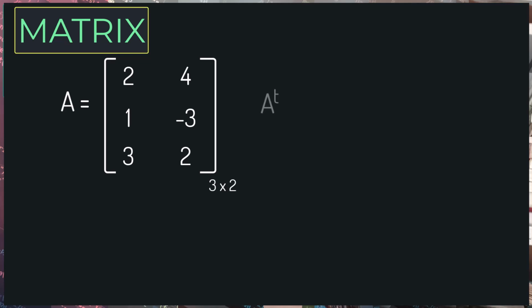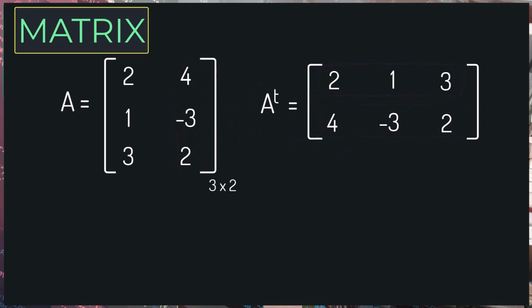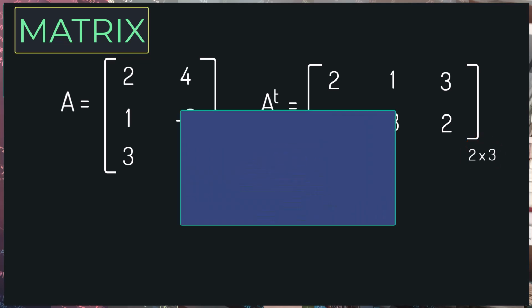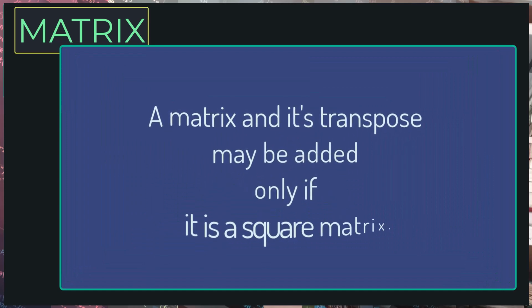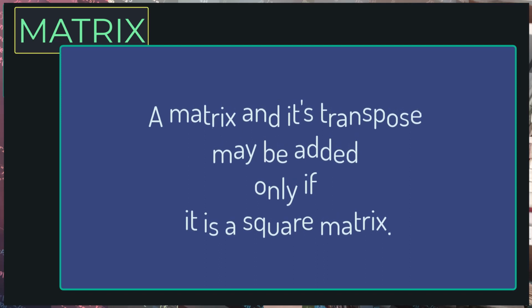Now A transpose is 2, 1, 3, 4, minus 3, 2. Obviously, the order of A transpose is 2 by 3. Since both the matrices are of different orders, they are not conformable for addition. In brief, a matrix and its transpose may be added only if it is a square matrix.